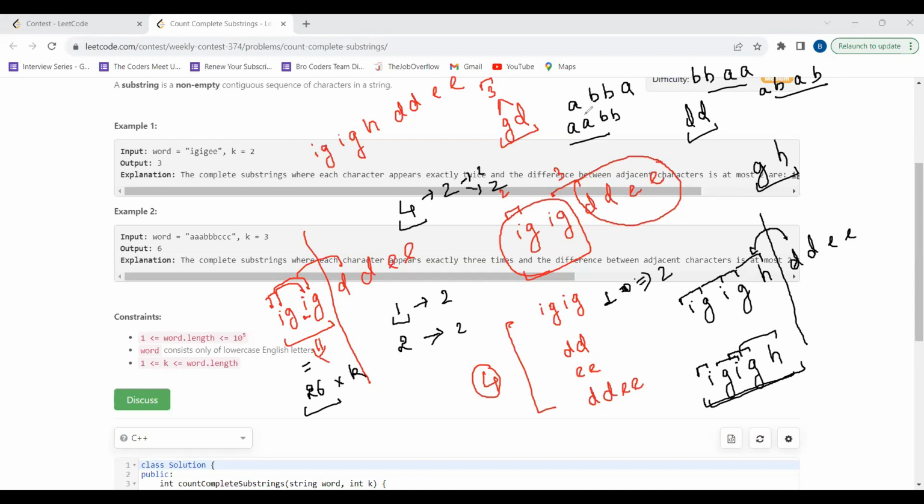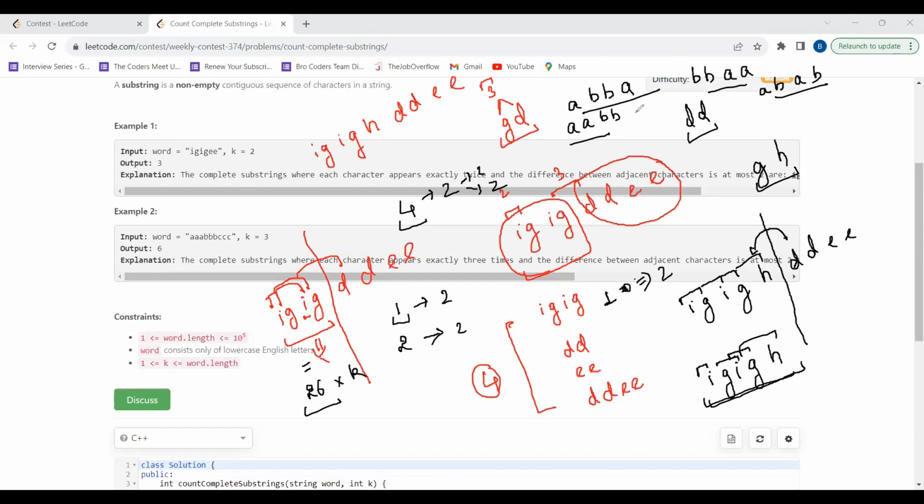But in that substring I want exactly two unique characters occurring exactly 2 times.